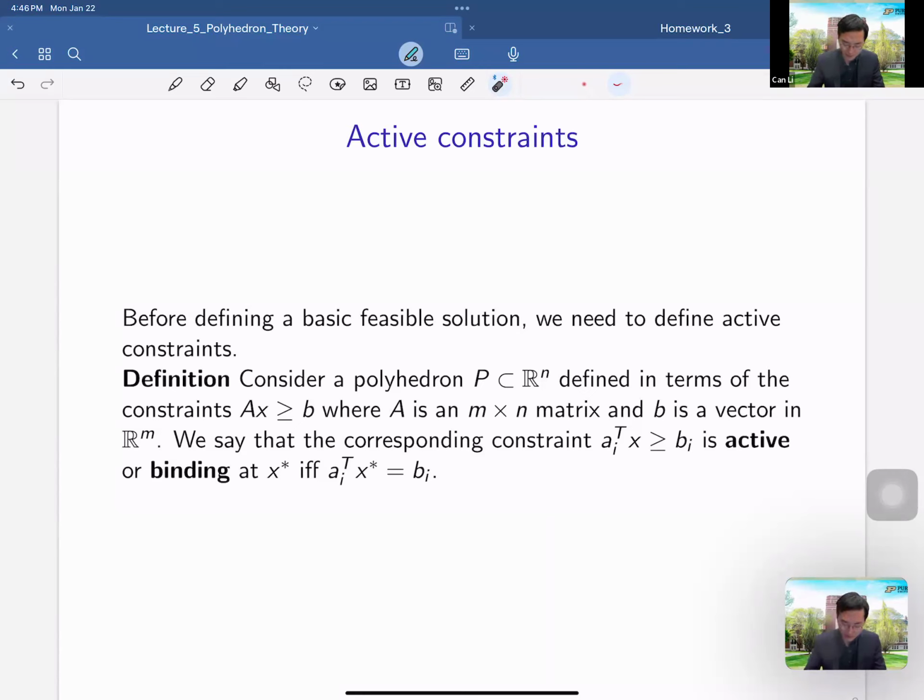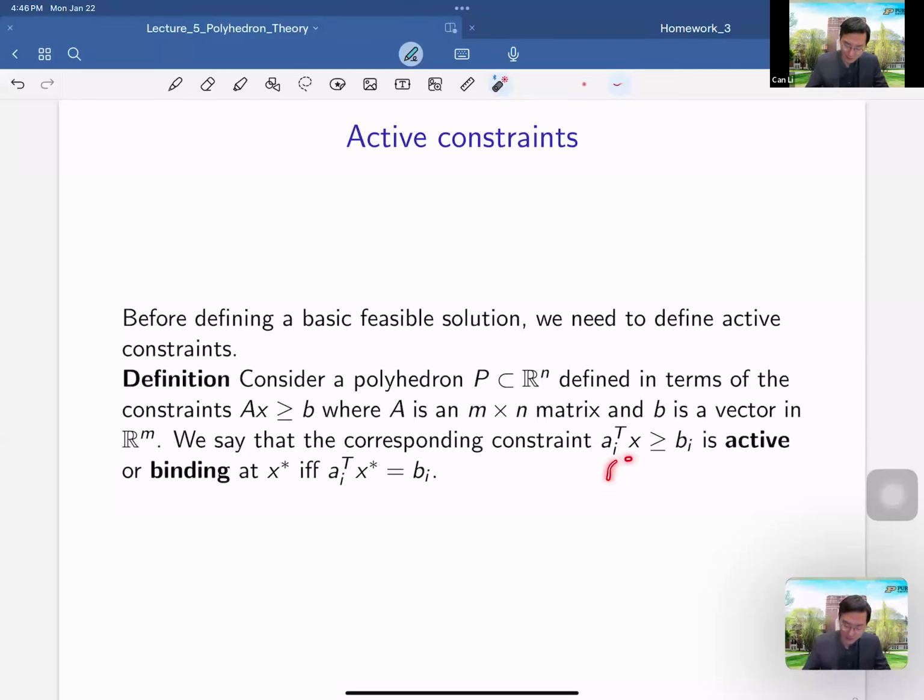Let's suppose we have a polyhedral set P that is defined as a bunch of linear inequality constraints, Ax greater than or equal to b. We see that the corresponding constraint, let's say a_i transpose x greater than or equal to b_i, is the ith constraint among all the m constraints we have.